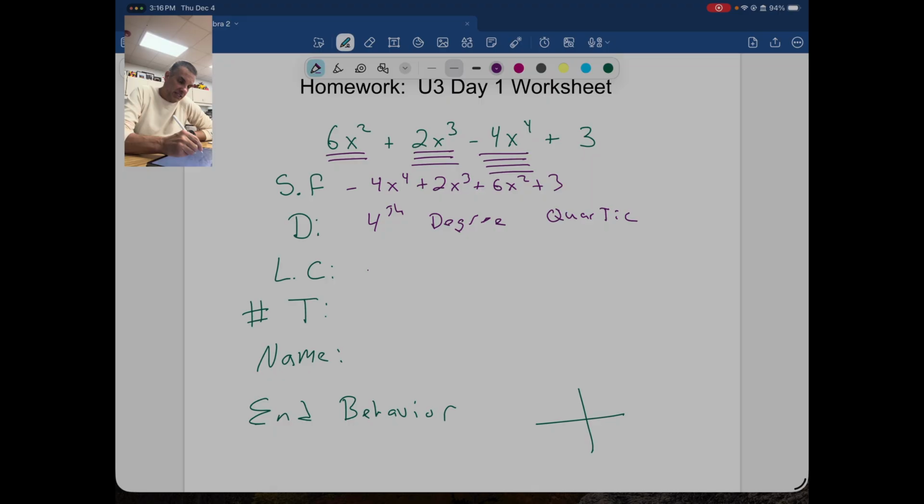Leading coefficient is negative 4. Number of terms, 1, 2, 3, 4 terms. So if we're going to name this, it's a quartic with 4 terms.